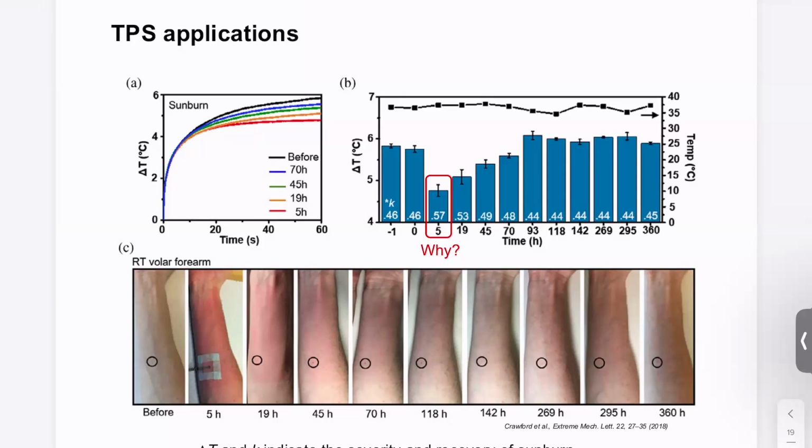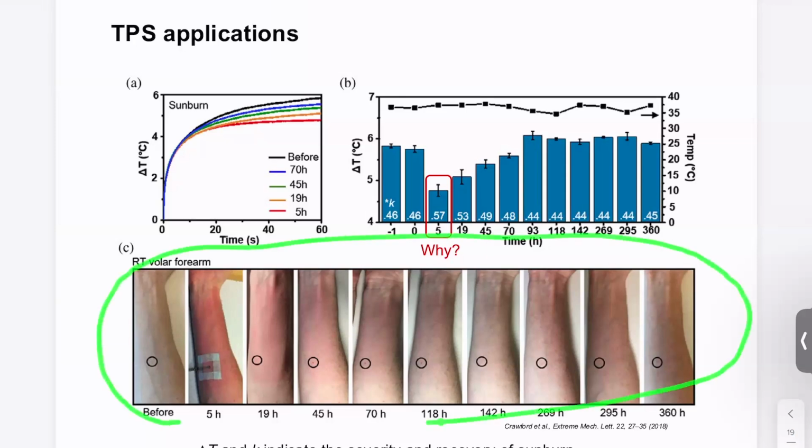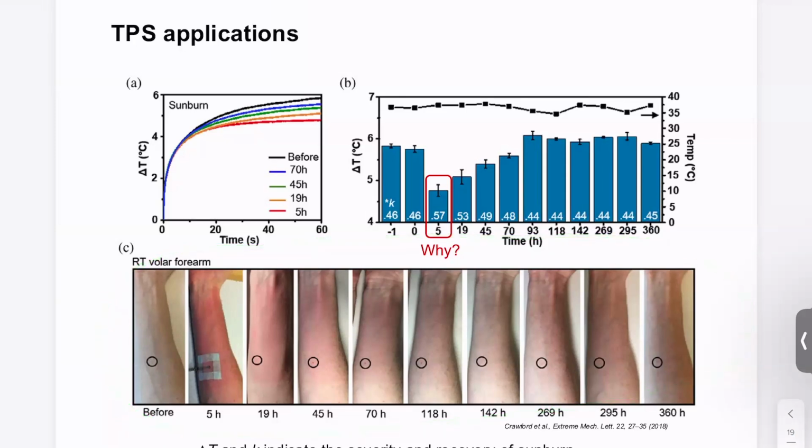Okay. So how can we quantify or monitor this process? We use TPS. On the plot at the top left, you will see when you use TPS to heat your skin, before sunburn, the temperature increases by about 6 degrees C. But after 5 hours of sun exposure, the temperature increase is only about 4 degrees C. Why is that?